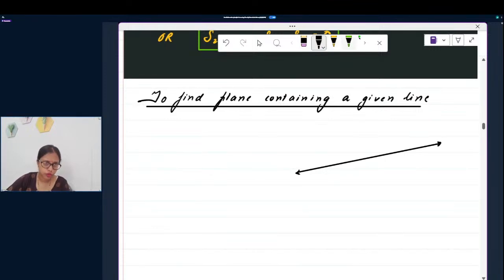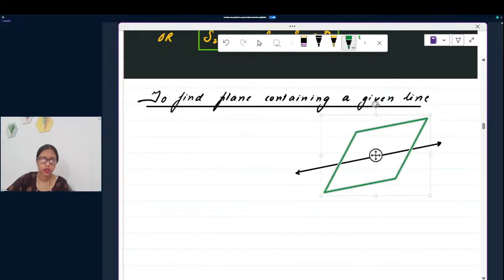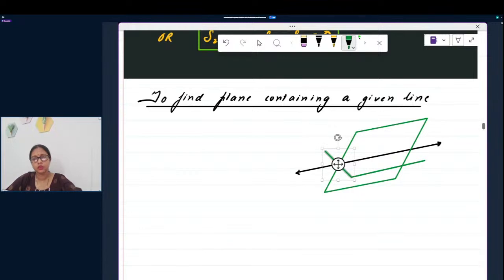If the general form is given, that means you are already provided with two planes, one plane and the other plane.